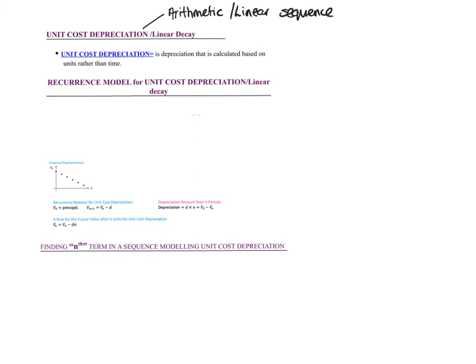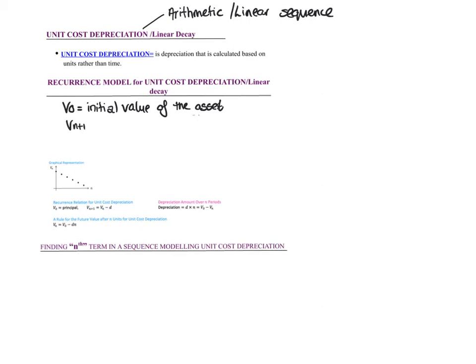So if we go to write our recurrence relation for this, you will still have V0, which will be your initial amount. So it'll be the initial value of the asset. So it'll be what you bought the machine or the product for. Oh, sorry, I can't spell. You'll get used to that, I can't spell. Sorry. Okay, so this is a recurrence relation, so I definitely need to have a Vn plus 1 as well.